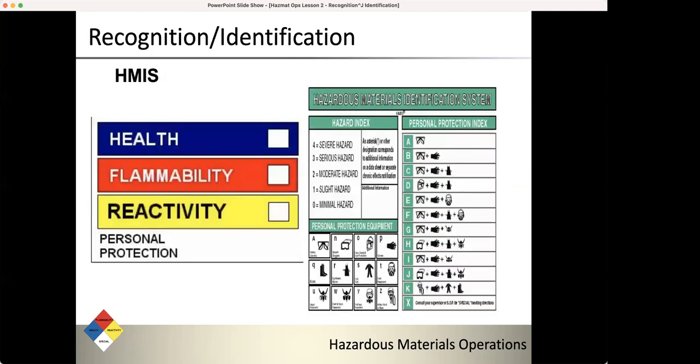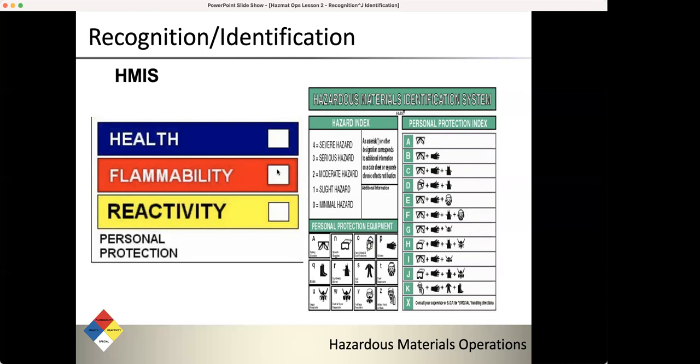Some other type of label you might see is the Hazardous Materials Information System, HMIS. It's very similar to the 704 with regard to colors. However, the white section is not special considerations. It is for personal protective equipment. The health, flammability, and reactivity have the same hazard index. 0 is minimal, 4 is the worst.